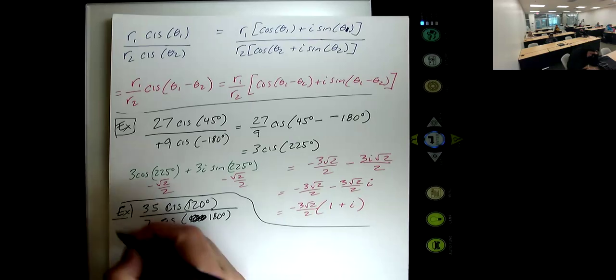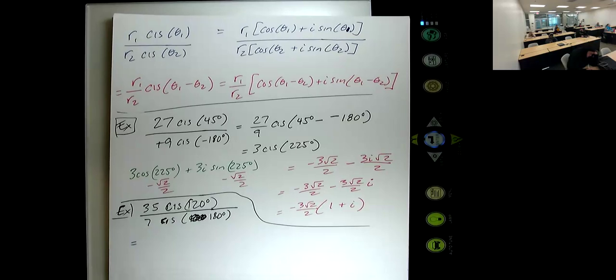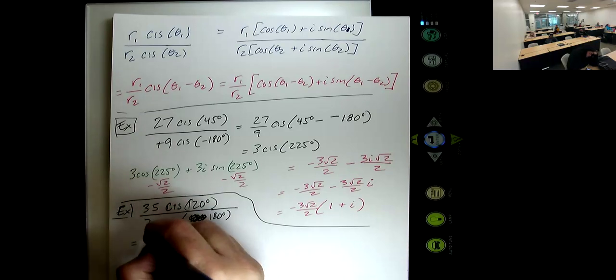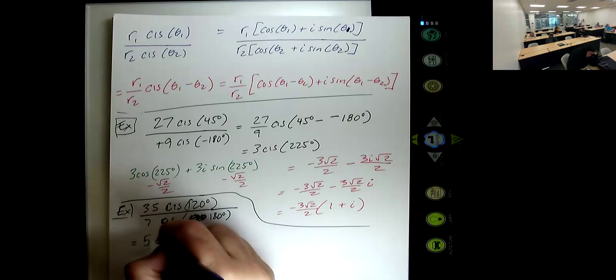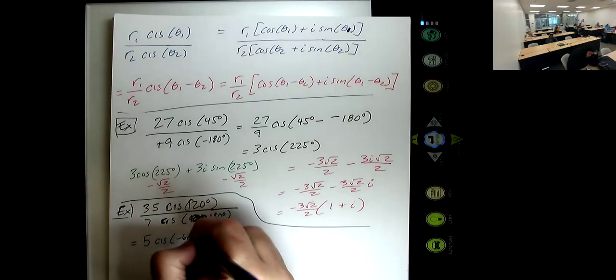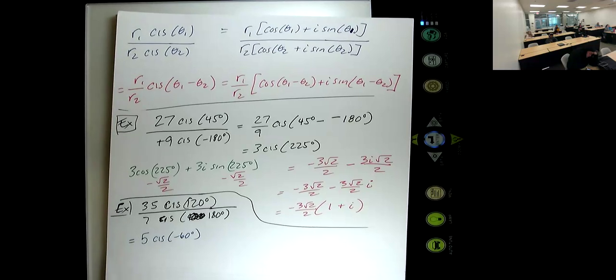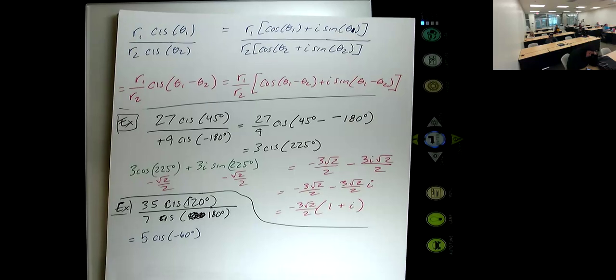You wanna get anything? Go for it. I got 5 cis -60, but it also wrote 300. Did anyone else get that to start? Well, let's let them work it out and see if you're right.